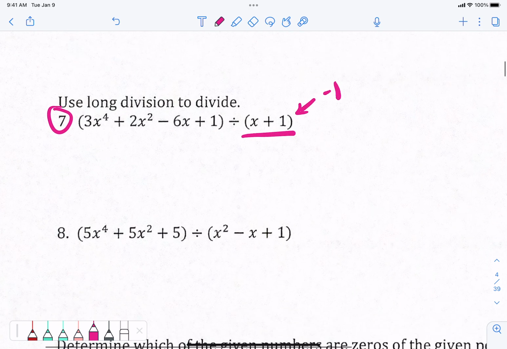Now you cannot do that on number 8 because it's not a binomial that you're dividing by. Did we talk about that? Yesterday in the video, I said you have to do long division if it's not a binomial, but if it is a binomial, you can do synthetic division or just plug the number in.